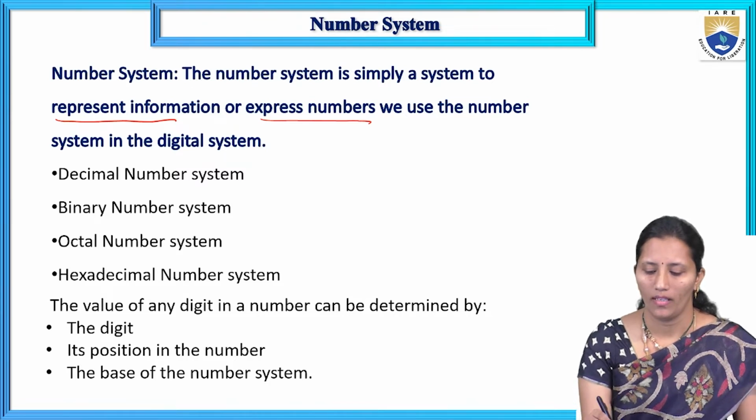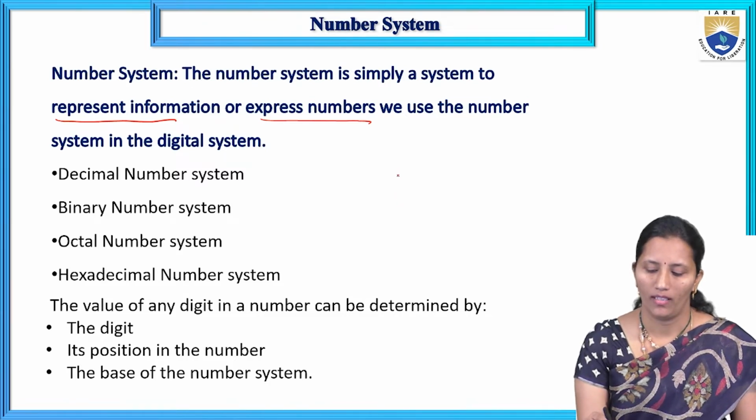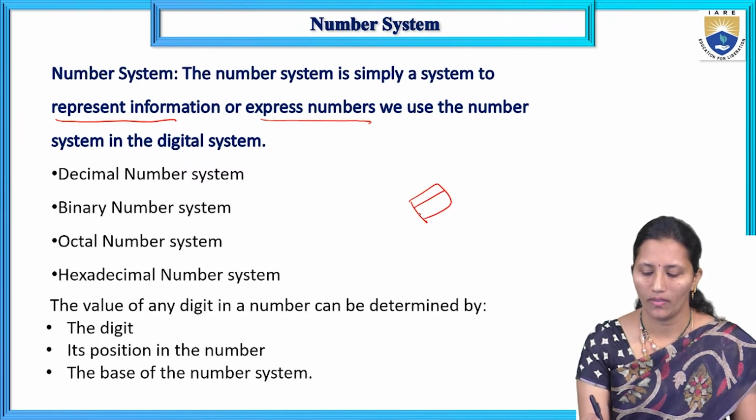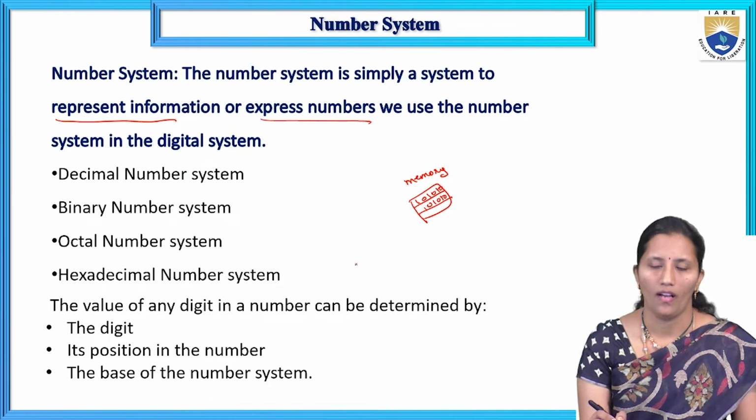For example, if we want to store data in memory, suppose you have a computer with RAM or ROM, it will be stored in binary. For a large memory system, it will be in the hexadecimal or octal number system. So according to the application, we will use these number systems.